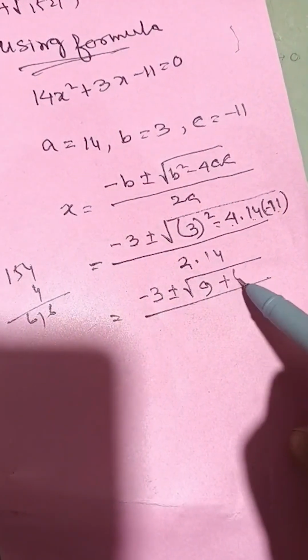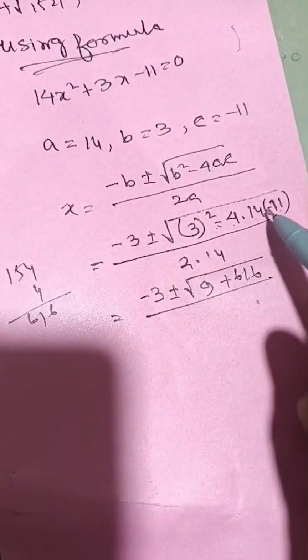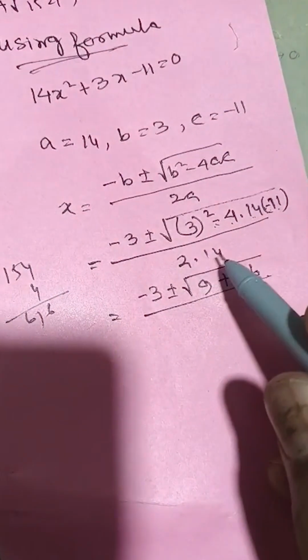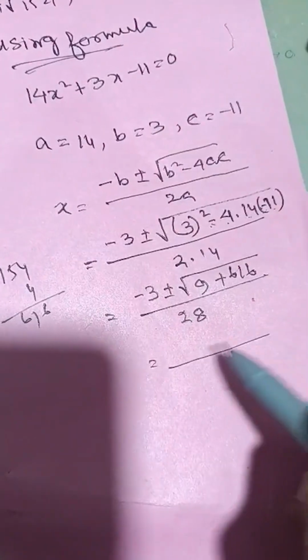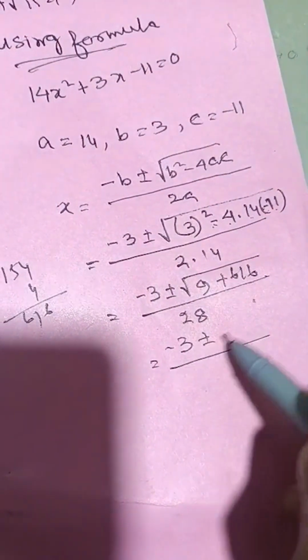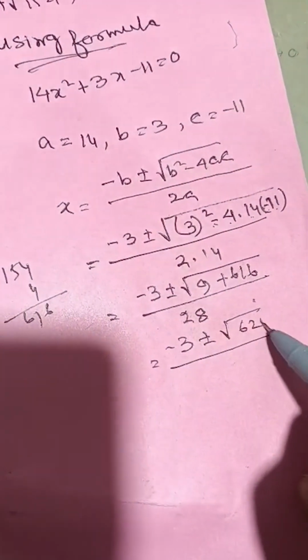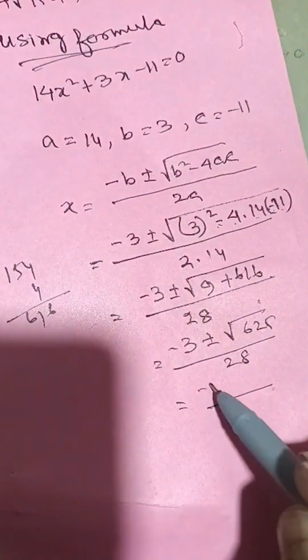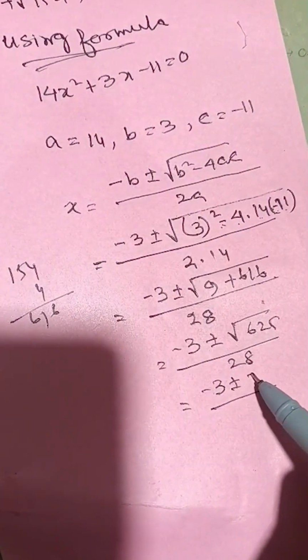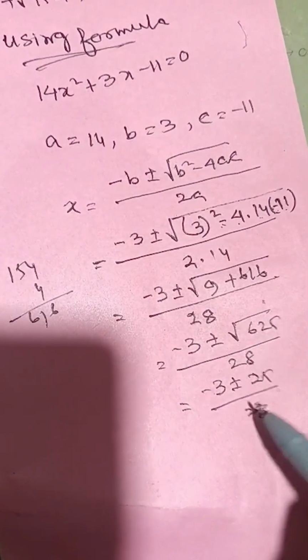You write plus 616. Why plus? You see, minus and minus make a plus. Divided by 14 into 2, 28. So we can write now minus 3 plus minus root over 625 by 28. It can be written as minus 3 plus minus 25 by 28.